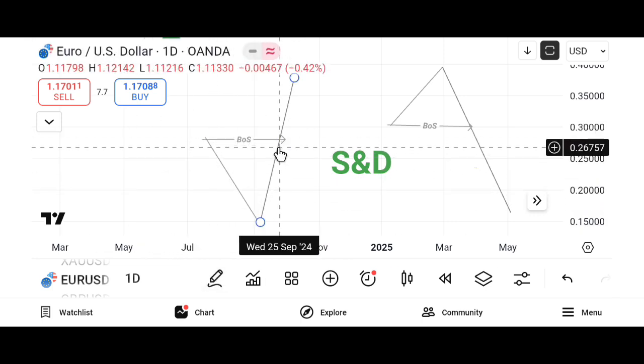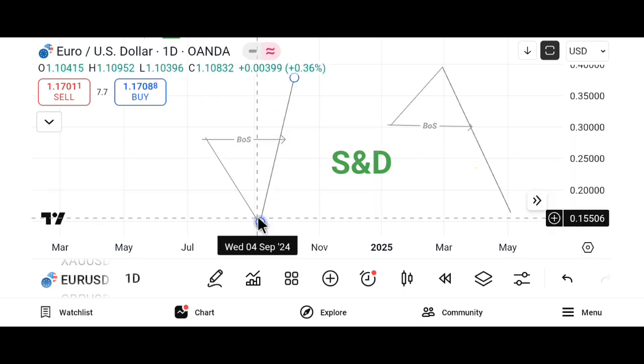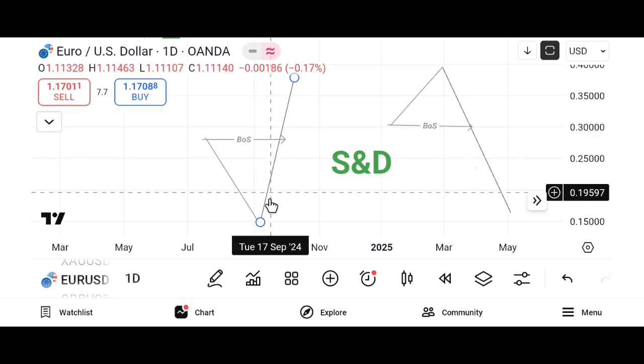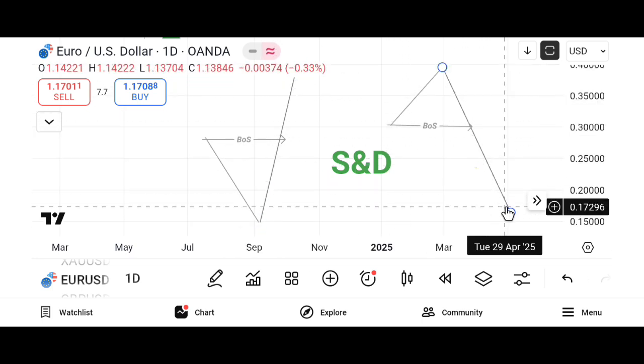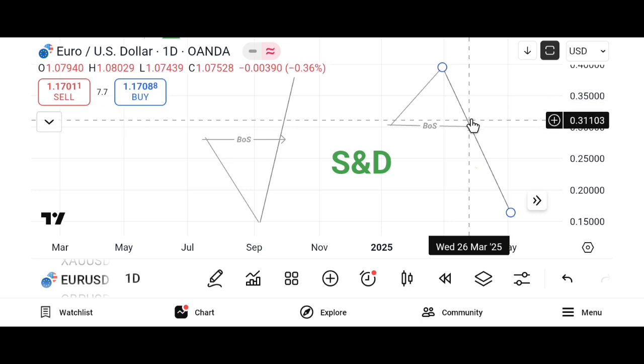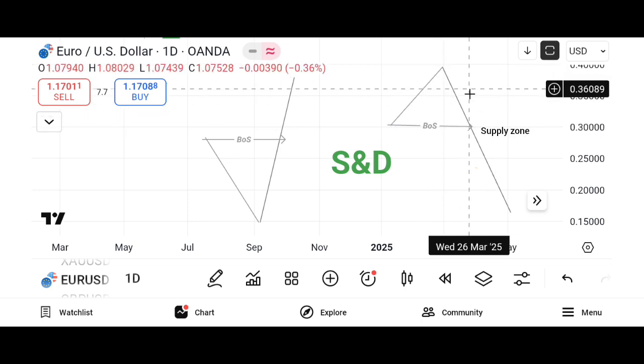Everything here below this break of structure is a demand zone. And after this break of structure downward, everything above the break of structure is a supply zone.